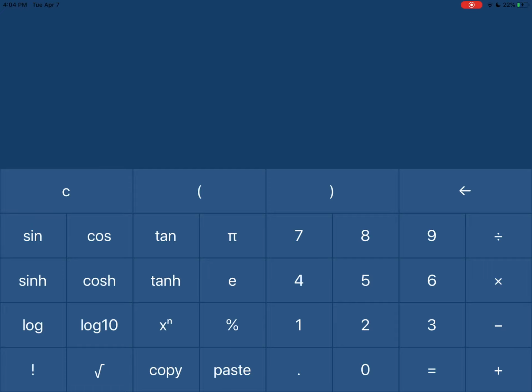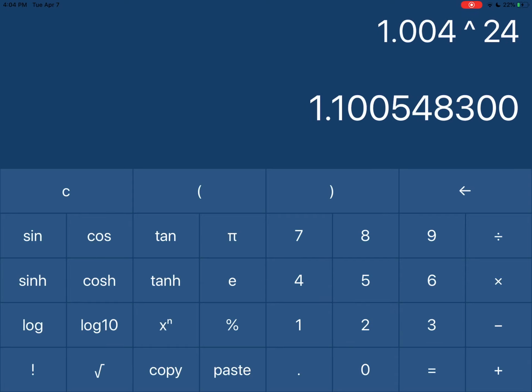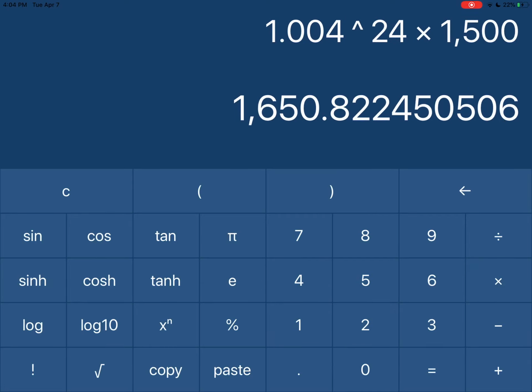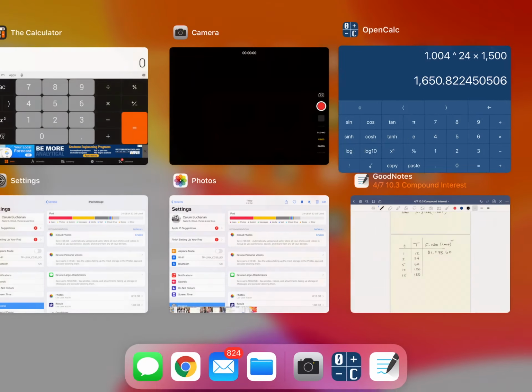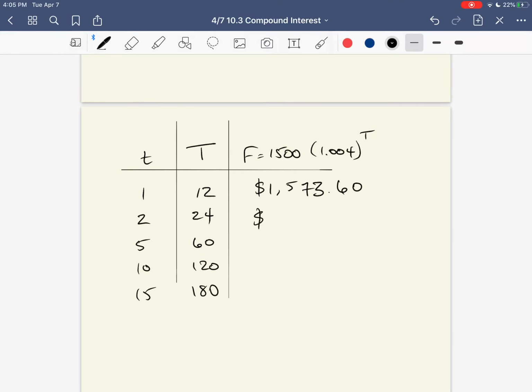After 2 years, 1.004 to the 24th times 1,500. So $1,650 and 82 cents. And I'll keep on going down. This one is $1,905.96.